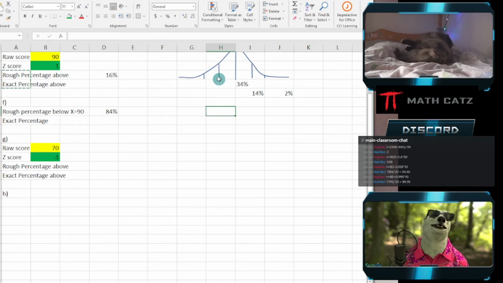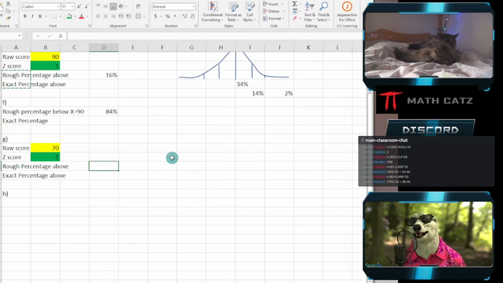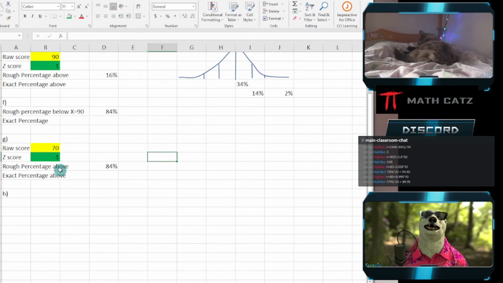I'm looking for above. So it's half the graph, which is 50, and another 34 sits over here. If you don't even want to do that, you can say, well, we can do that in our head, right? It's 84 rather. 84% sit above this line over here. 50 because of the half, the top half, and then another 34 over there.